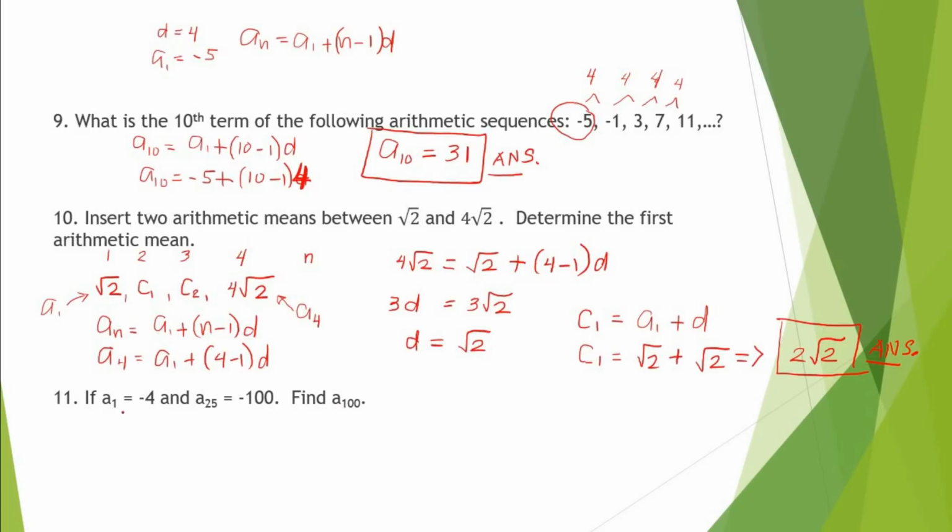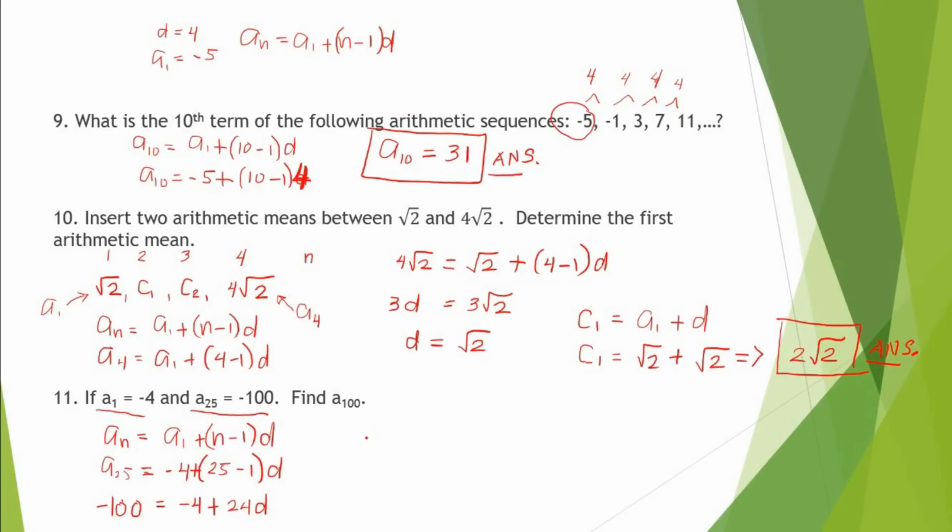So given this information, we can target to solve for D. We have An is equal to A1 plus N minus 1 times D. For the 25th term, A25 is equal to, our A1 is negative 4, plus 25 minus 1 times D. And since we already have the value for the 25th term, we have this equation: negative 100 is equal to negative 4 plus 24D.